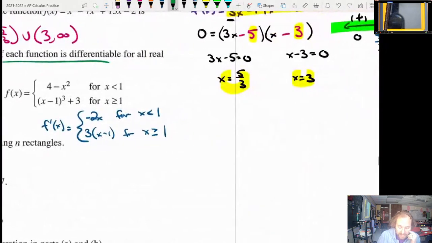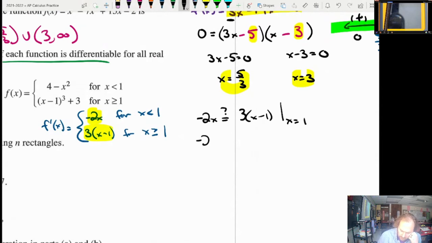Question B, though, we kind of have to do the same game with continuity that we usually do here, only now we're talking about differentiability, but it's exactly the same concept. We're going to take negative 2x. We're going to take 3 times x minus 1. We're going to plug in 1. We're going to say, does negative 2x equal 3 times x minus 1 when x is equal to 1? That's the question.